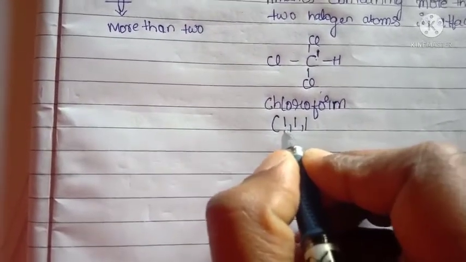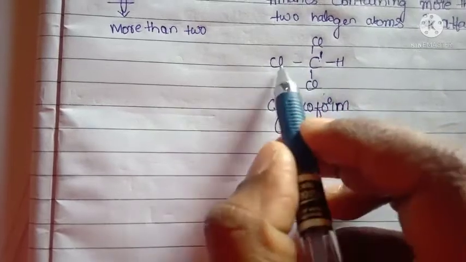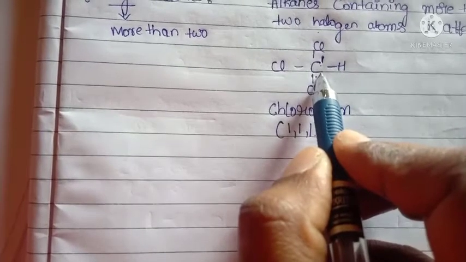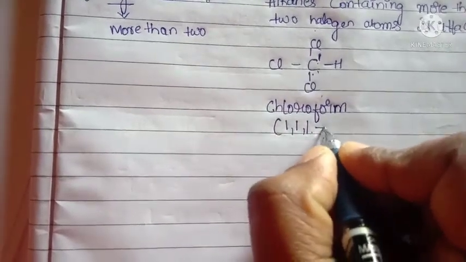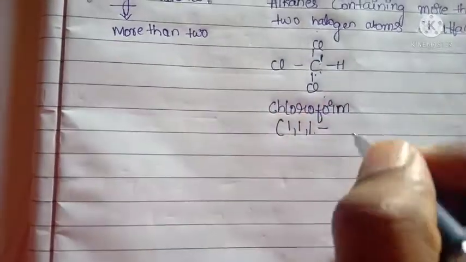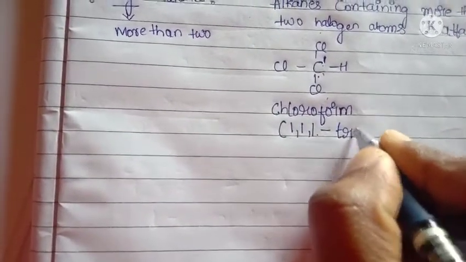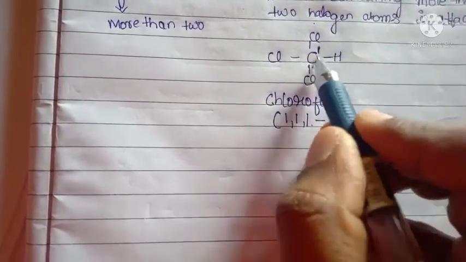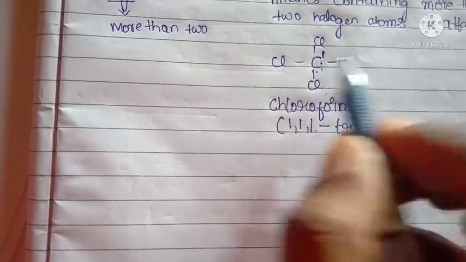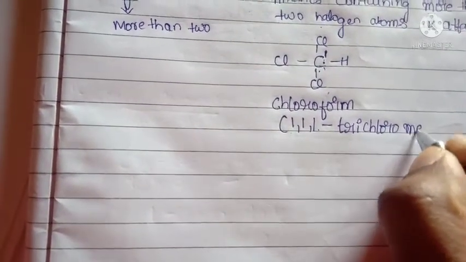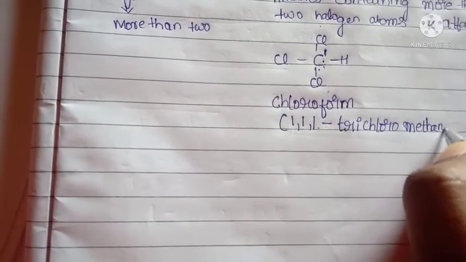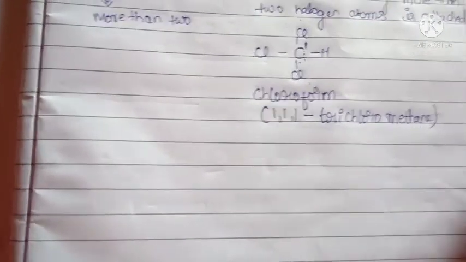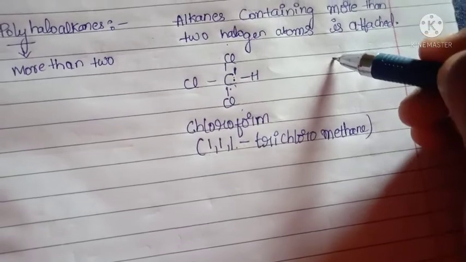Here we are writing 1,1,1 because 3 chlorine atoms are attached to only 1 carbon atom. How many chlorine atoms are there? 3. So it is tri. Chloro. Which alkane is present? There is only 1 carbon atom, so it is called methane. Okay, this is all about the polyhaloalkanes. It means more than 2 halogen atoms are attached.